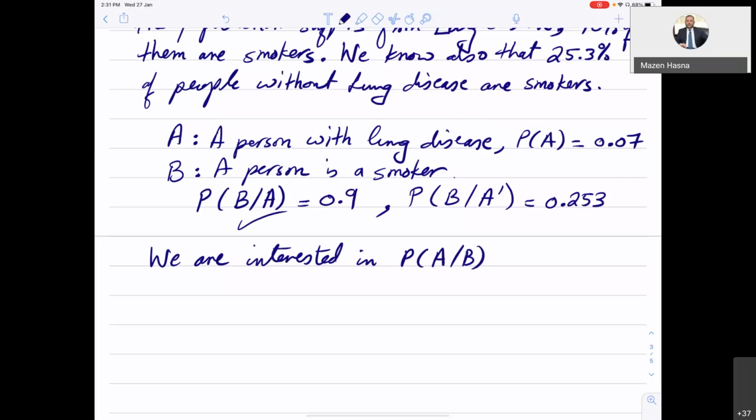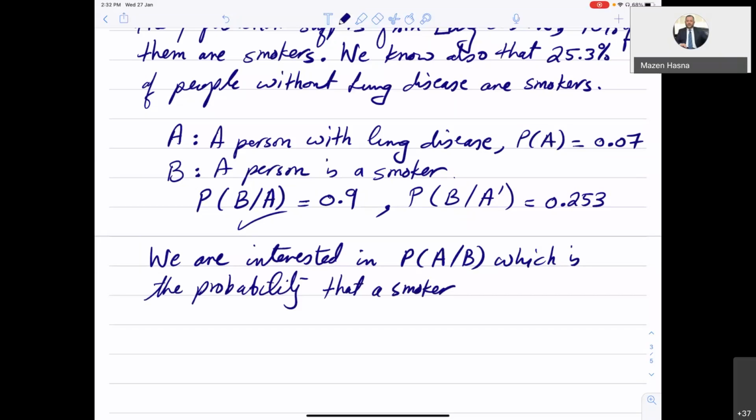We have the probability of B given A, but we are really interested in the probability of A given B, which is the probability that a smoker suffers from lung disease.